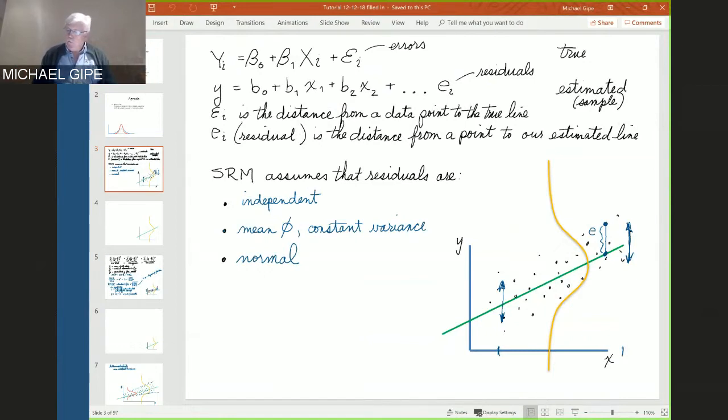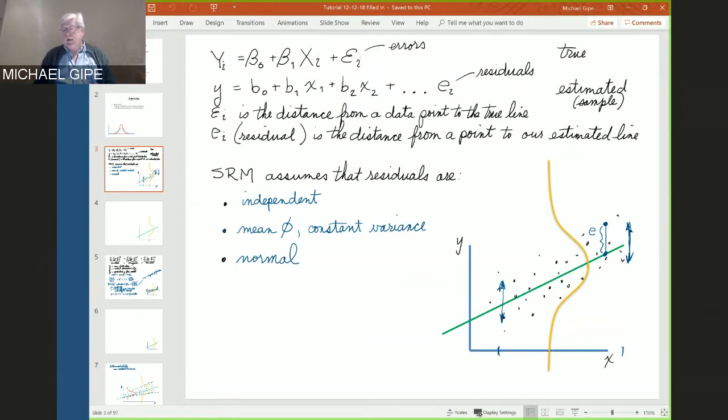A couple of other things people always keep asking about. The simple regression model, and in fact the multiple regression model, has some assumptions about the residuals. Those assumptions allow us to make some statistical conclusions and evaluate the goodness of our model as well. First of all, we need those residuals to be independent.